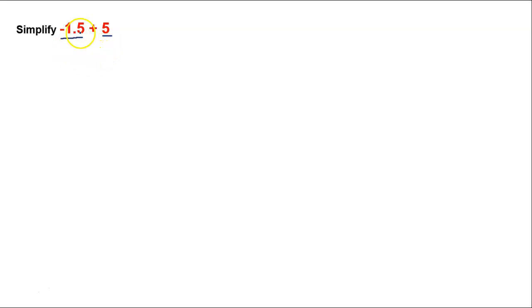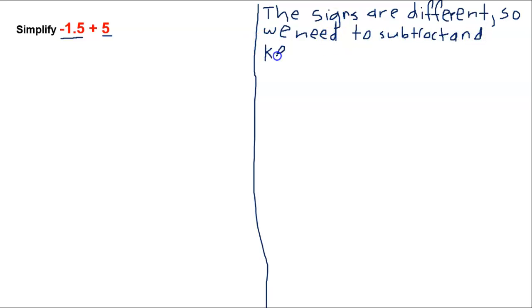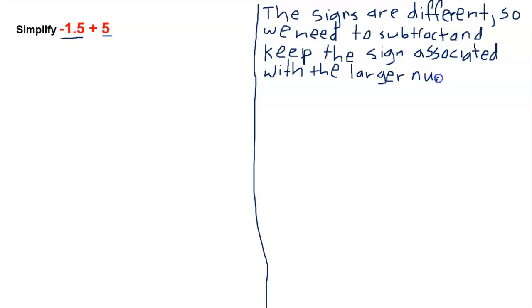So we need to subtract and keep the sign associated with the larger number. The larger number is 5, and the sign associated with it is positive.